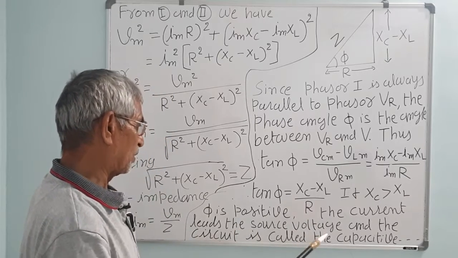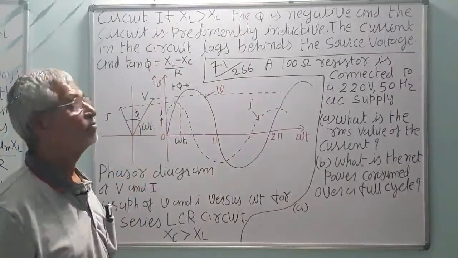The current leads the source voltage and the circuit is called the capacitive circuit.